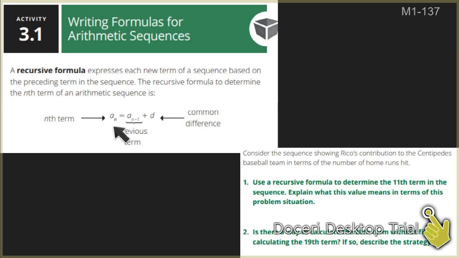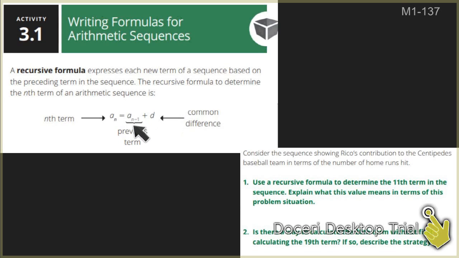So if we're looking for the 12th term, this would be A12. The A just stands for arithmetic, because that's the type of sequence, and the 12 just represents the term number. And then that would be equal to A, again, the A just means arithmetic sequence, sub n minus 1.